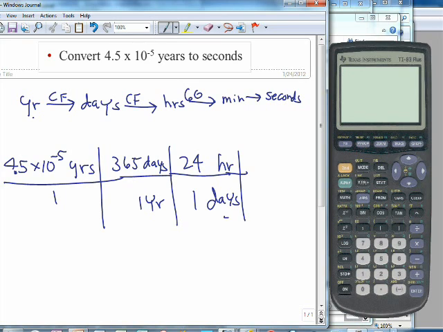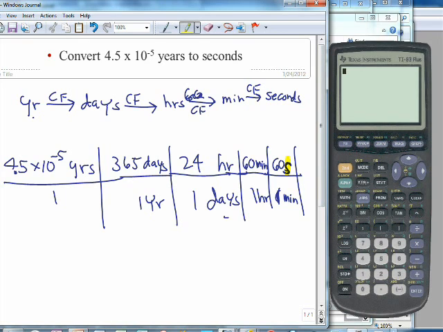That's a conversion factor. And there's a conversion factor here, of course. There are 60 seconds in 1 minute. So we end up with what we want, seconds. So let's see if that works.